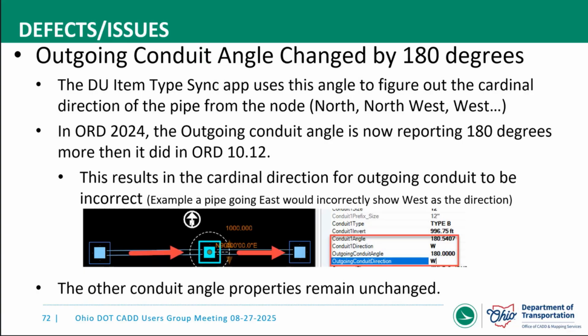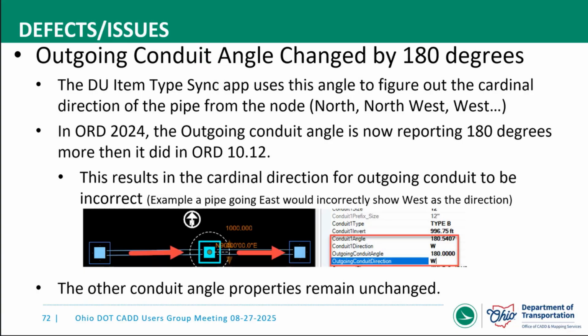Are you going to switch it back? Are you leaving it like this? So I know how to update the math on what this angle was going to actually represent. So that is unfortunate. This is the ORD 24. So if you guys have those tables or annotating, you do want to make sure you go and check that. But don't worry, I'm not going to leave you guys hanging. I have a fix for you.